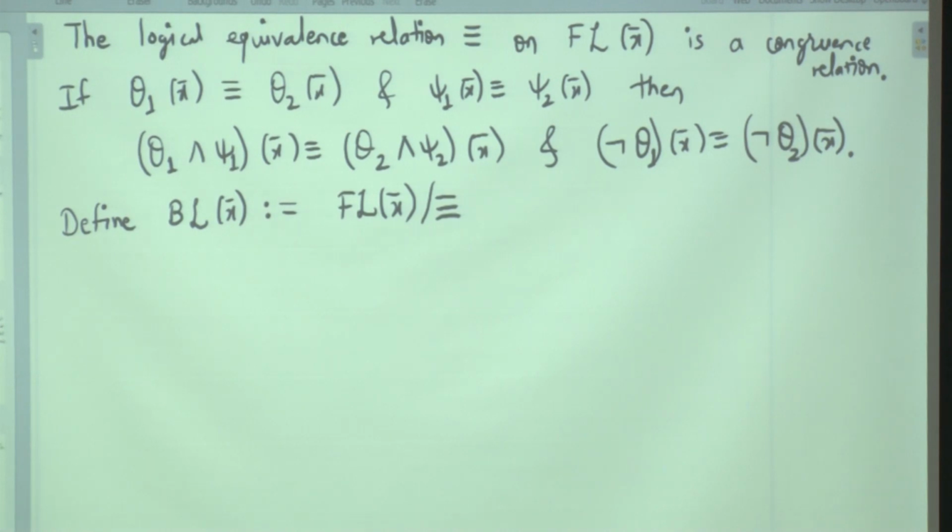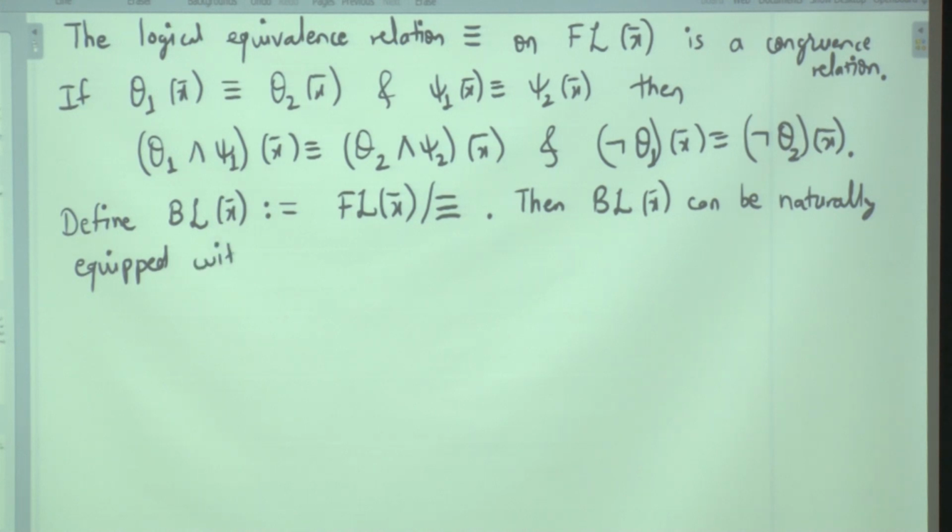For each finite tuple of free variables, or for each context, there is one Boolean algebra. Then BL x bar can be naturally equipped with the following Boolean algebra structure.